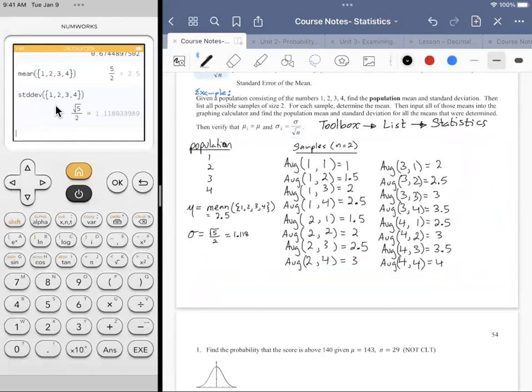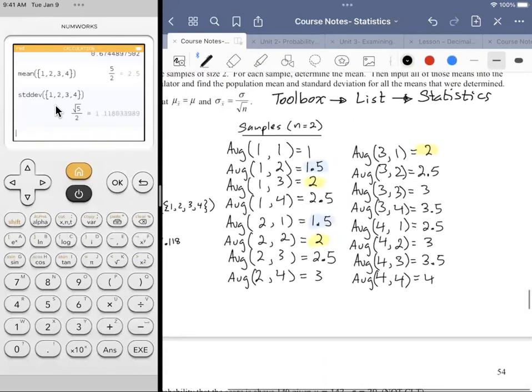All right, so what I want to do here is create a list of the sample means. But I notice that there's some repetition. Like the 1.5 occurs a couple of times. The 2s occur a few times, and so on. So I might want to make a frequency table out of this.